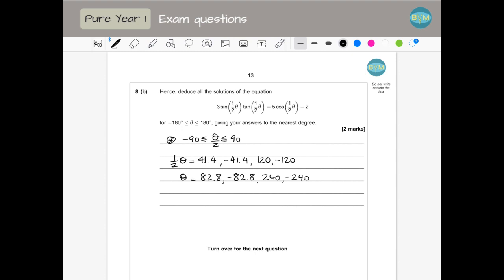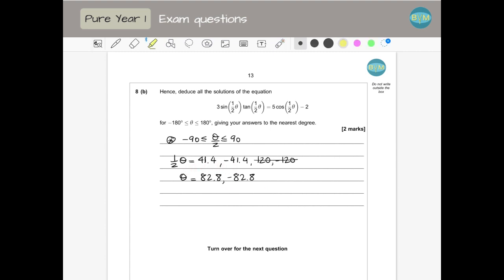Sorry, I should have got rid of the angles first. These two are out of my interval, because my interval is between minus 90 and 90. So these angles are correct, and these two are out of the interval. So my only 2 solutions are these 2.